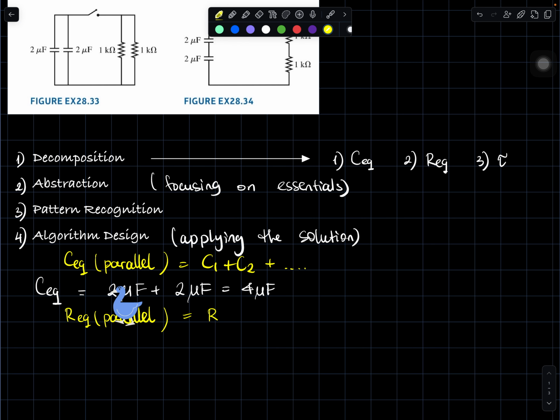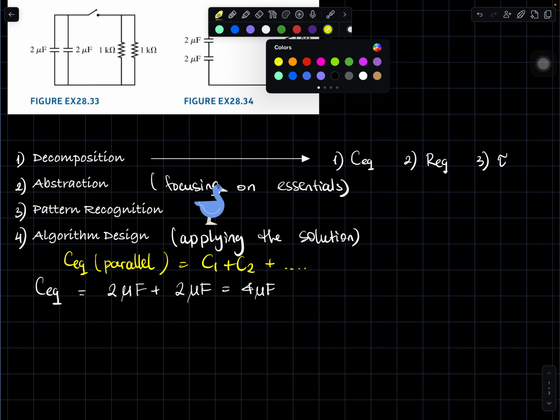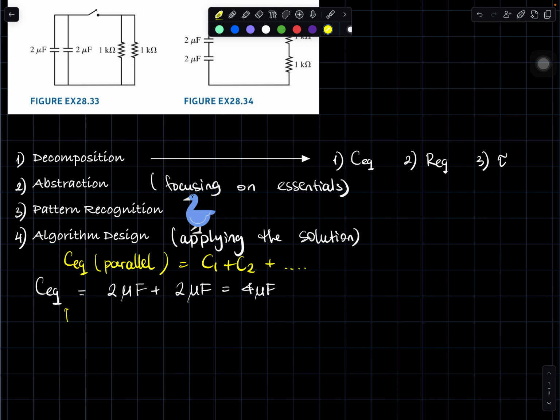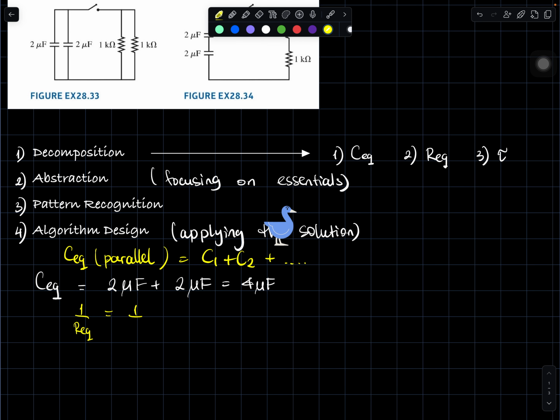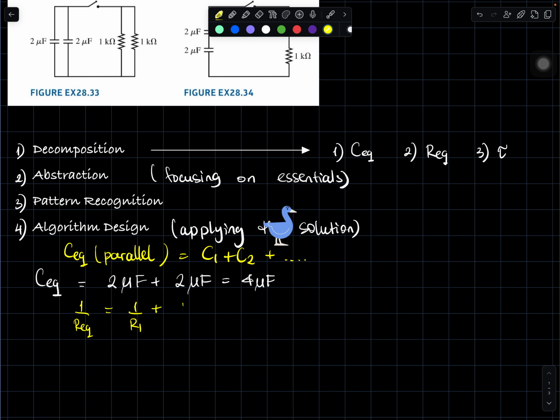So 1 over R equivalent equals 1 over R1 plus 1 over R2, and it goes on.